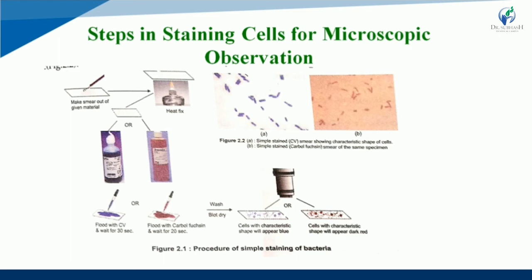And last, cells with characteristic shape will appear blue or dark red depending on which type of stain is used. If you are using crystal violet stain, blue color bacterial cells are visible, while if you are using carbol fuchsin, red color bacterial cells are visible.